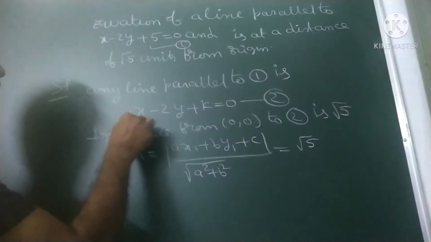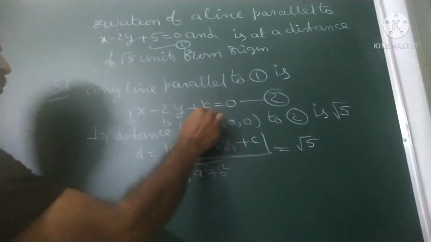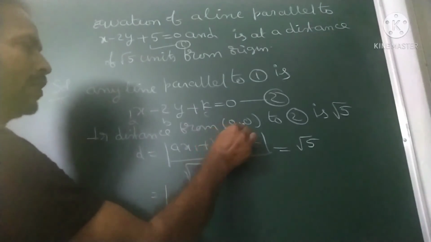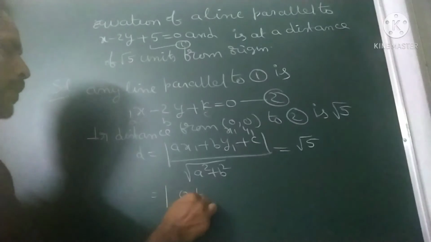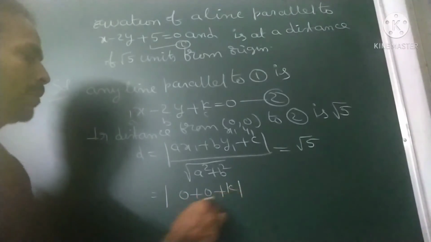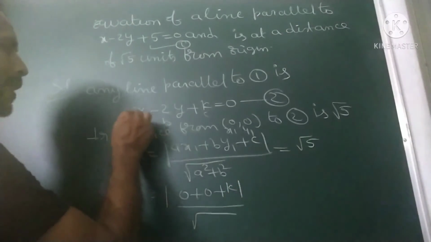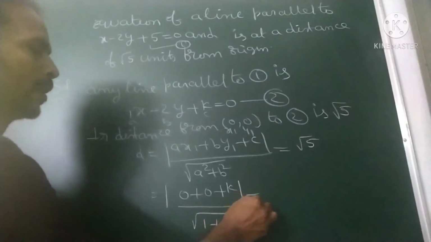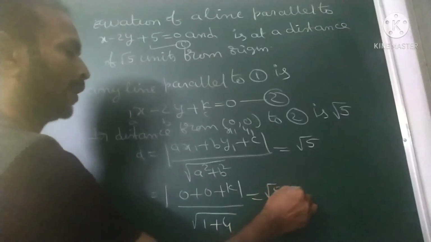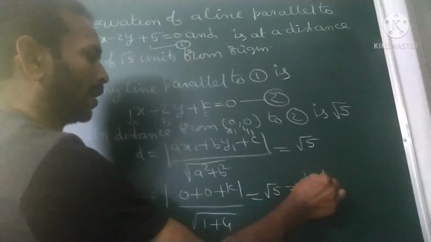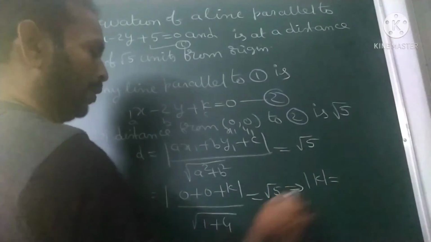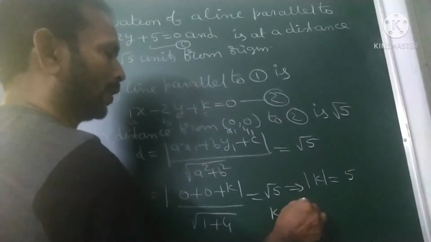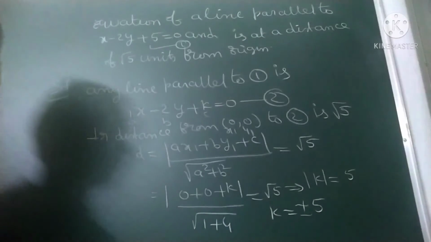So consider a, b, c: (x1, y1) is (0, 0), so 0 plus 0 plus k by root of a square 1 plus b square 4 is equal to root 5. That implies mod k is equal to root 5 into root 5, k is equal to plus or minus 5.